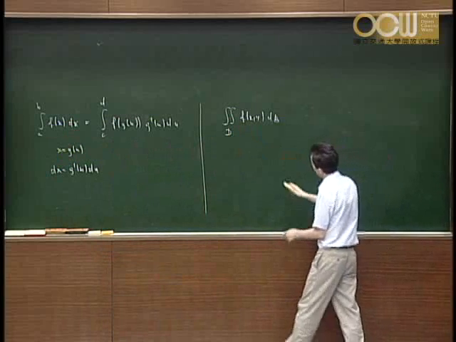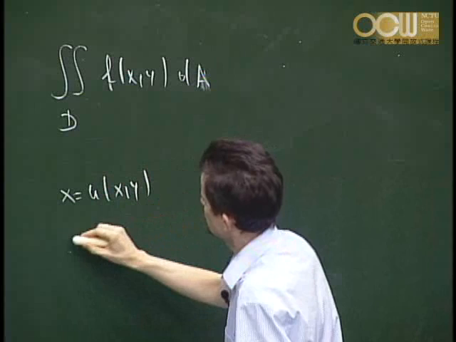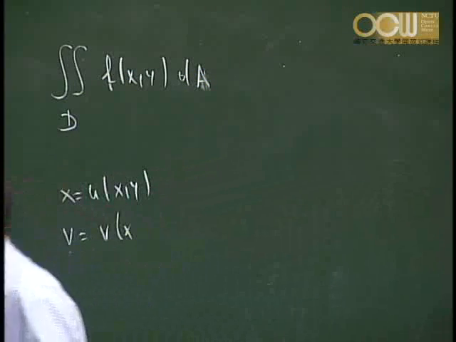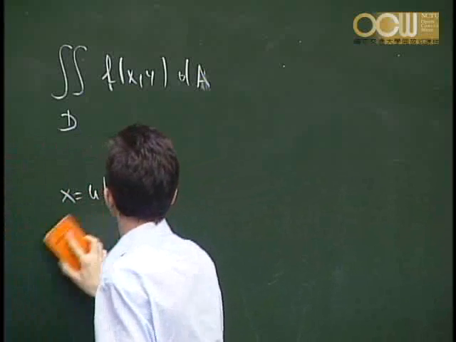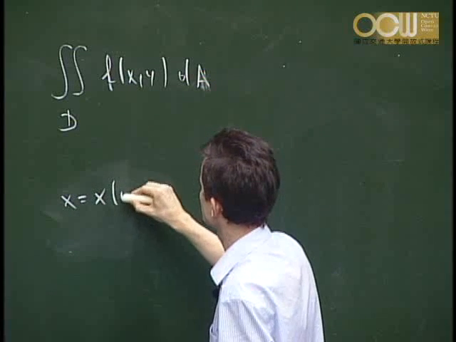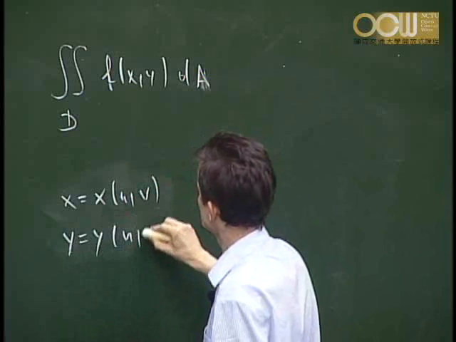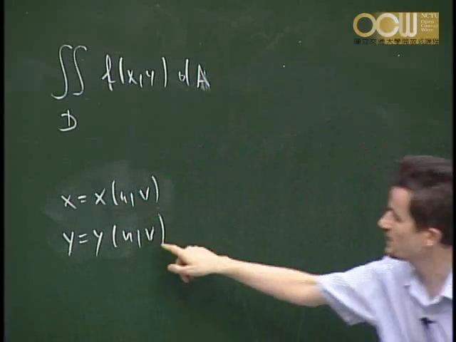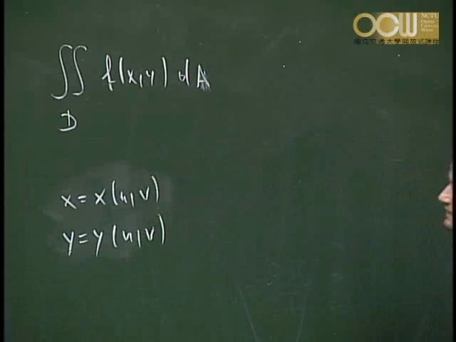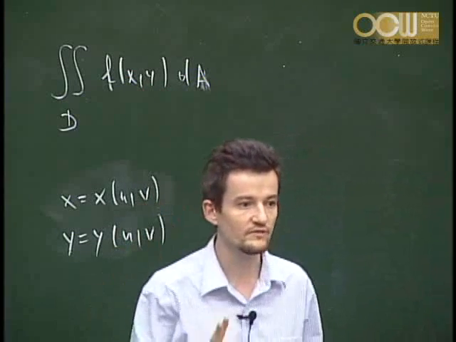So what we will have here is some substitution, some function which tells us how to map. It depends how I look at it, but let's look at it like this. We have some transformation which maps the uv plane onto the xy plane, and what we want to do is replace the two variables x and y by the two new variables u and v.